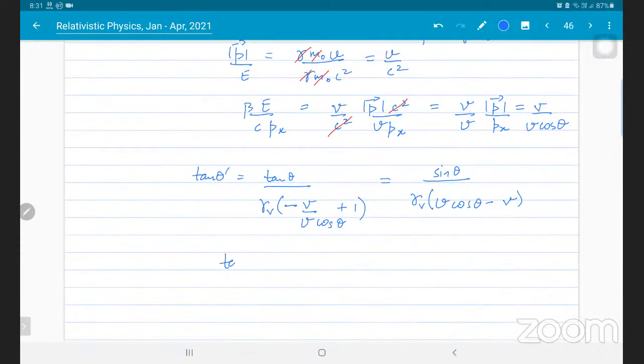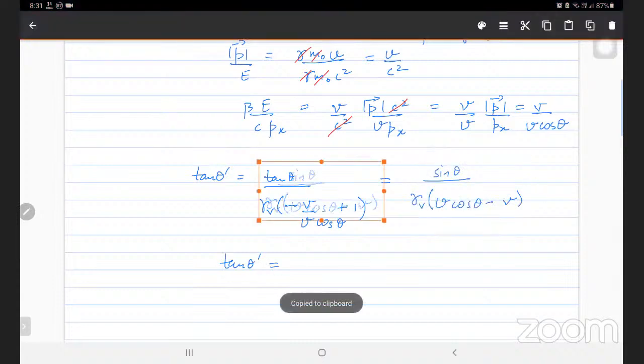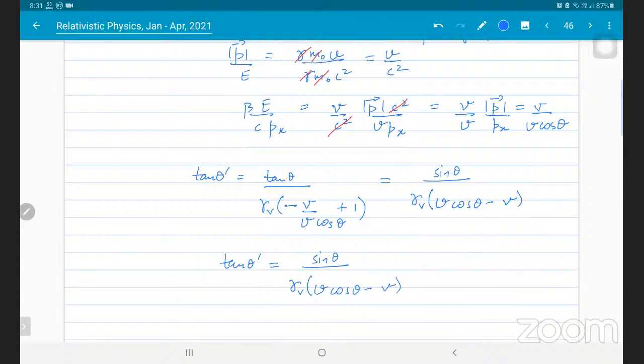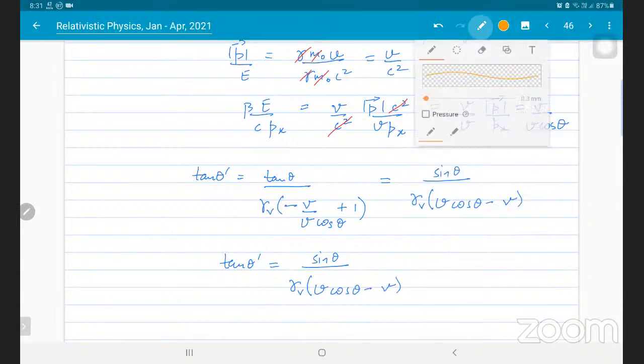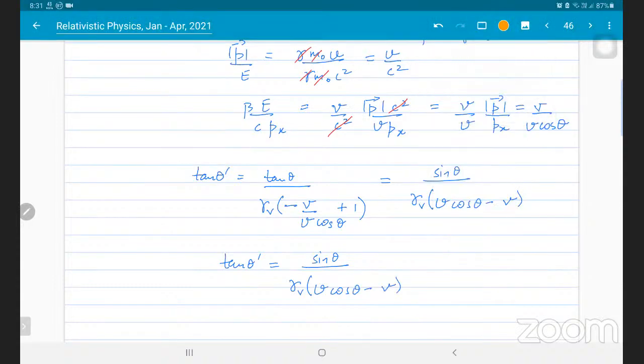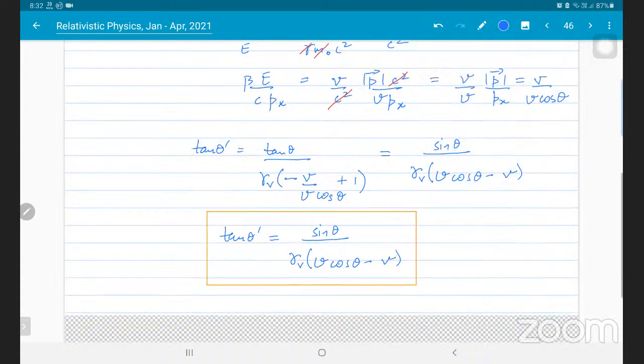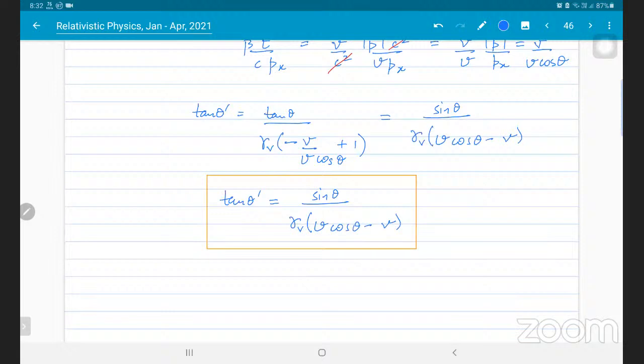So this is the expression relating the apparent angle of propagation of a particle in the moving frame with that of the apparent angle of propagation in the rest frame, in a different frame.